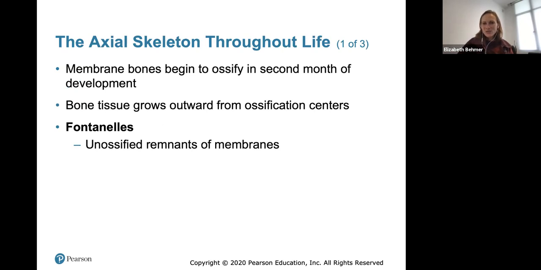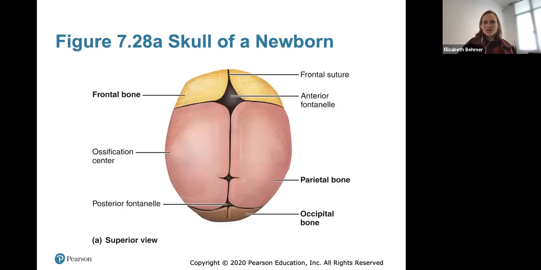The axial skeleton throughout life: the membrane bones will begin to ossify in the 2nd month of development. Your bone tissue grows outward from ossification centers, and fontanelles are unossified remnants of membranes. So here are our fontanelles, or soft spots, within the skull of a newborn.